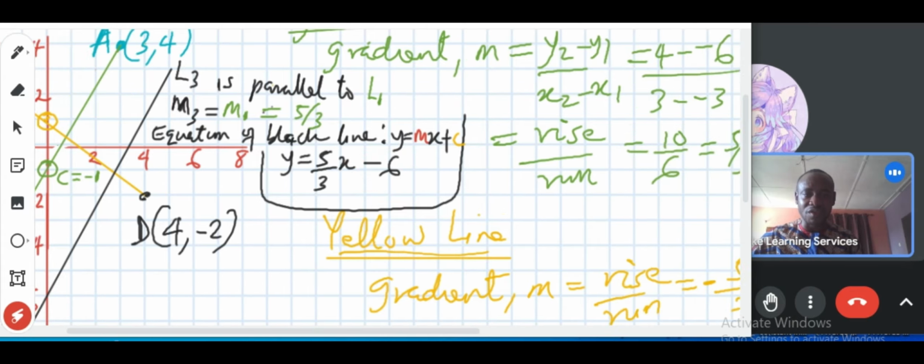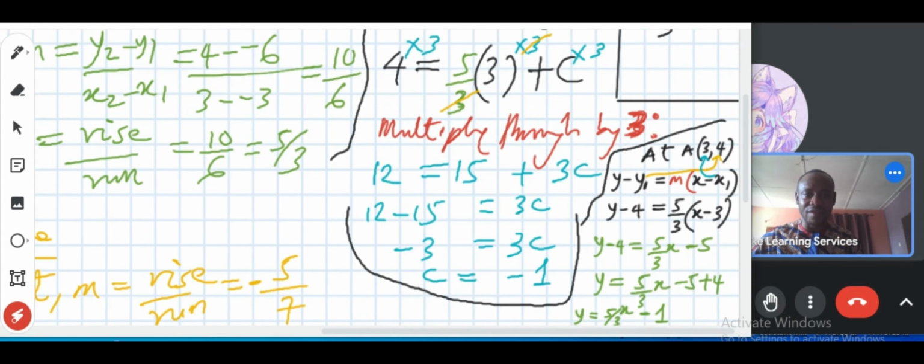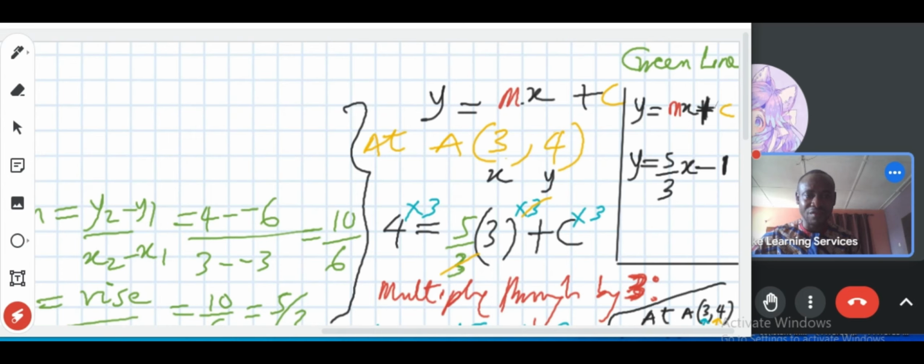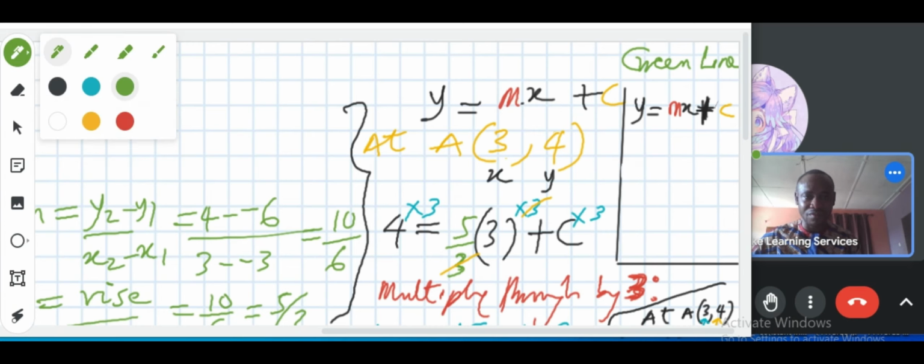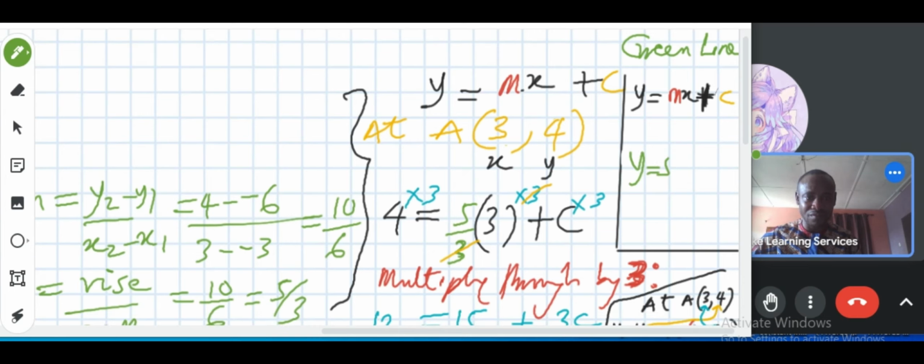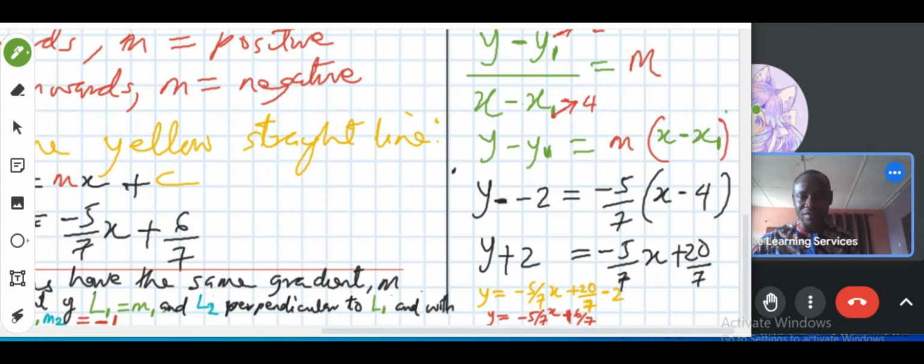So if you notice, the equation of the green line is y equal to 5/3x minus 1. Let me even write it with green. While the equation of the black line is also something related to that.